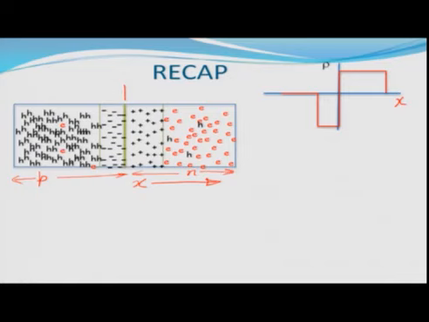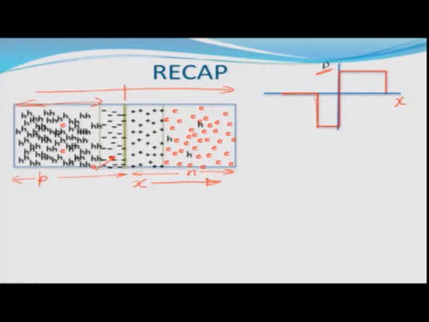As a function of x, this is the charge density schematically. As you go from left to right, the charge density is 0 before the depletion layer, and when you enter the depletion region, you have negative charge density, which I am showing by this line here.